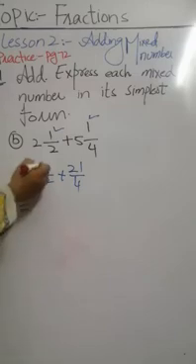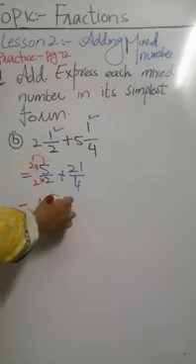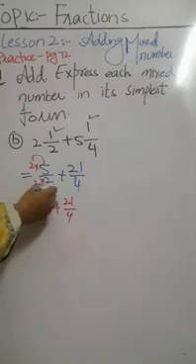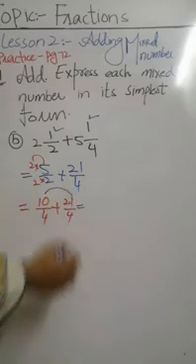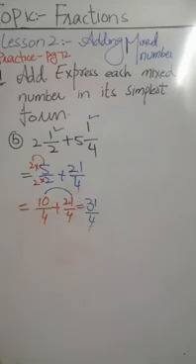So we get the new fraction 10 by 4 plus 21 by 4. Now we have the same denominators, so we easily add their numerators. We get 31 by 4.